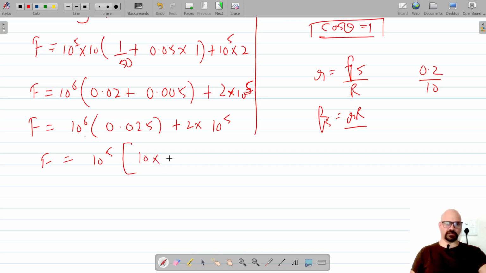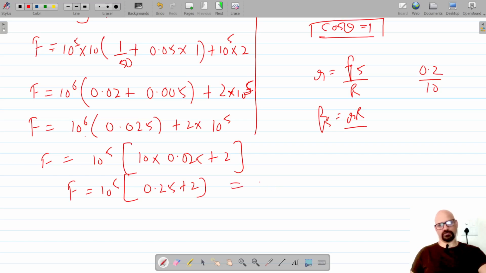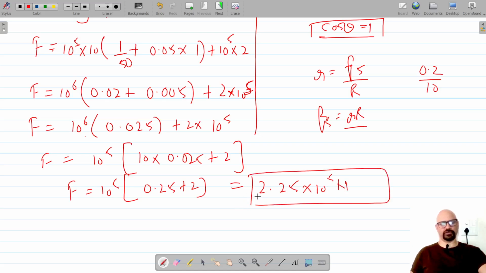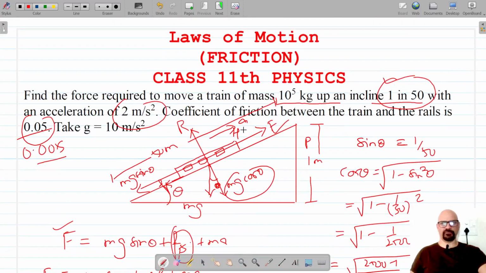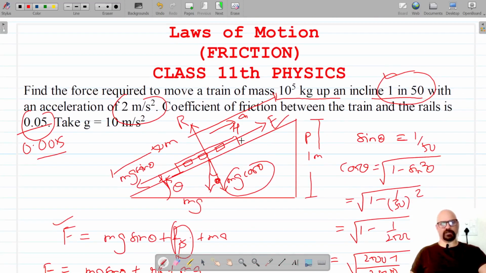So this is 10 raised to the power 5 into 0.025 plus 2. And this is now equal to 10 raised to the power 5 into 0.05 plus 2. That should be equal to 2.25 into 10 raised to the power 5 Newton. So this is the force required to move this train up with the given information. Thank you for watching.